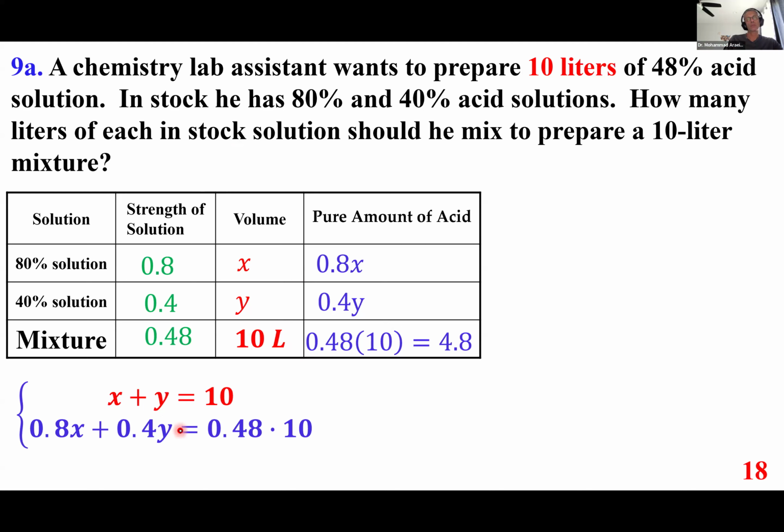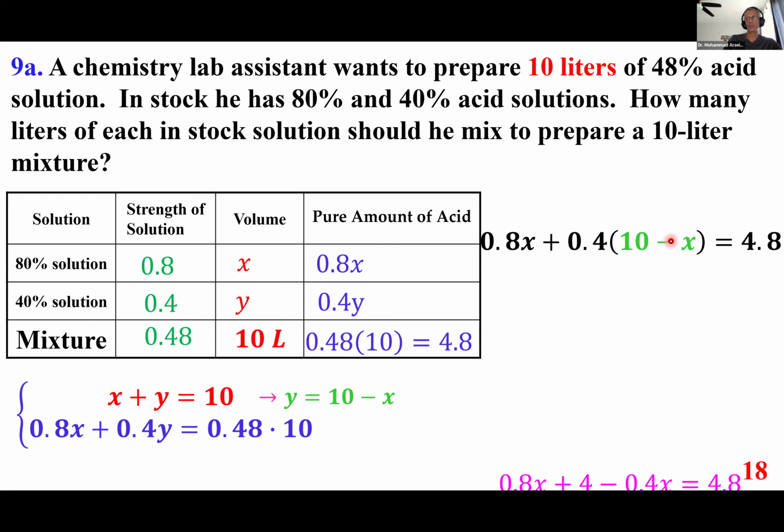For example, substitution method. If I solve for Y, I get 10 minus X, and I'm going to replace this Y with 10 minus X. This remains. Then I'm going to distribute; the product of these two is 4. This is minus 0.4X. The right side doesn't change.